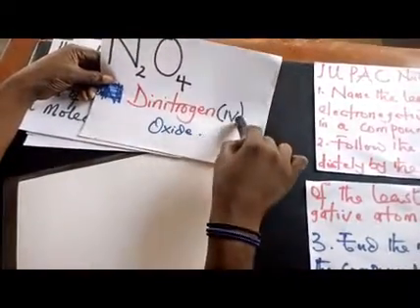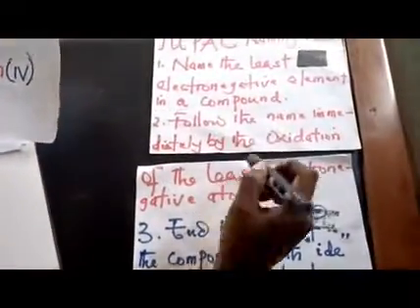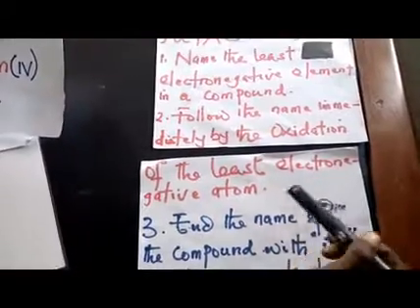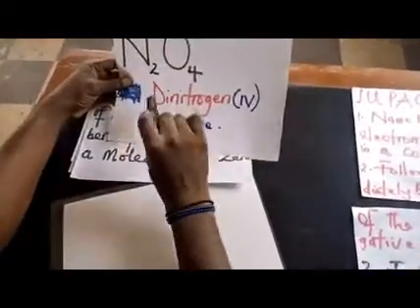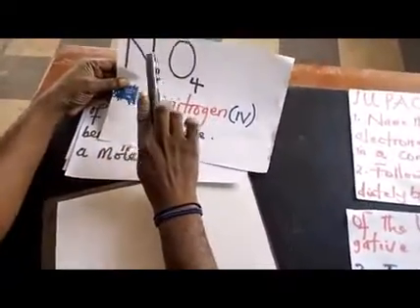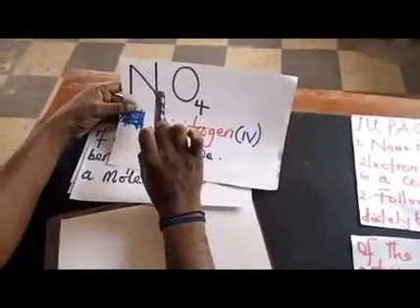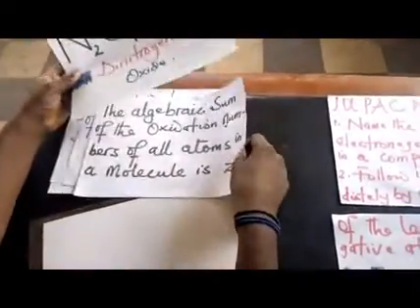Now, how did we arrive at this 4? Let's see how we arrive at this 4. Look at the second rule. The second rule says, follow the name immediately by the oxidation number of the least electronegative atom. The least electronegative element here is nitrogen, so we have to determine the oxidation number of nitrogen in N2O4.